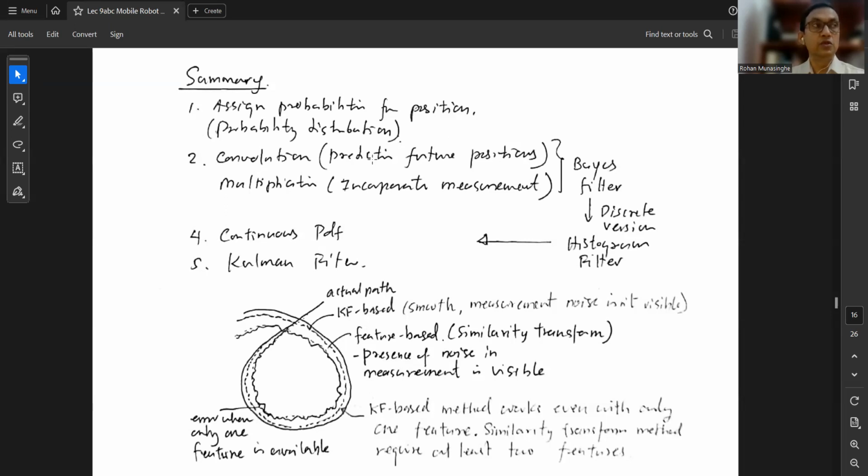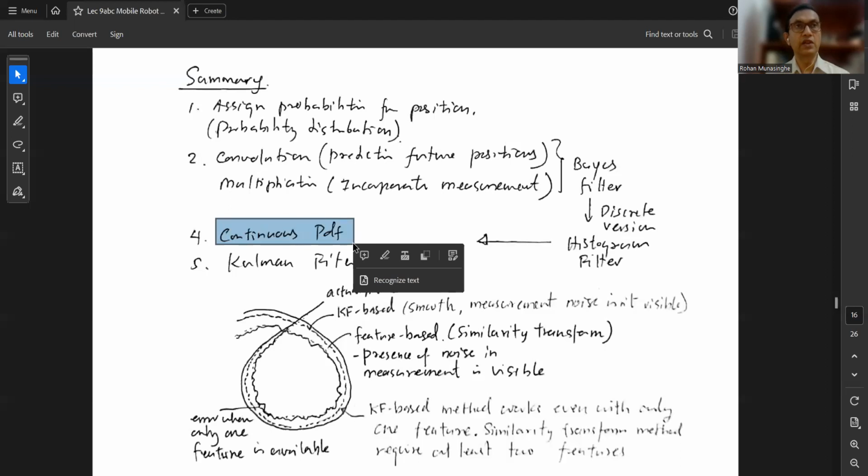You need to do the convolution, which is basically multiplying the probability distribution functions and adding them together using the Bayes filter. This is basically probability theory. In a discrete version, you can use a histogram, but if you use the continuous format, you can use a continuous PDF like the normal distribution.